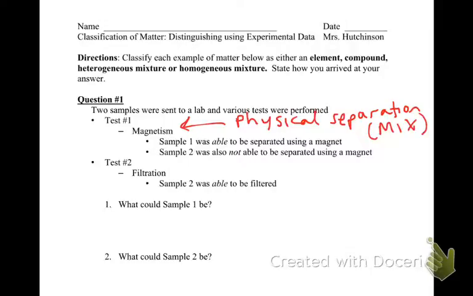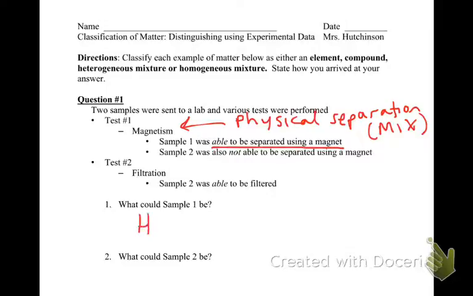Sample 1 was able to be physically separated using a magnet. Sample 2 was not able to be physically separated using a magnet. So sample 1, since it was able to be physically separated using a magnet, that means that it's not uniform throughout.